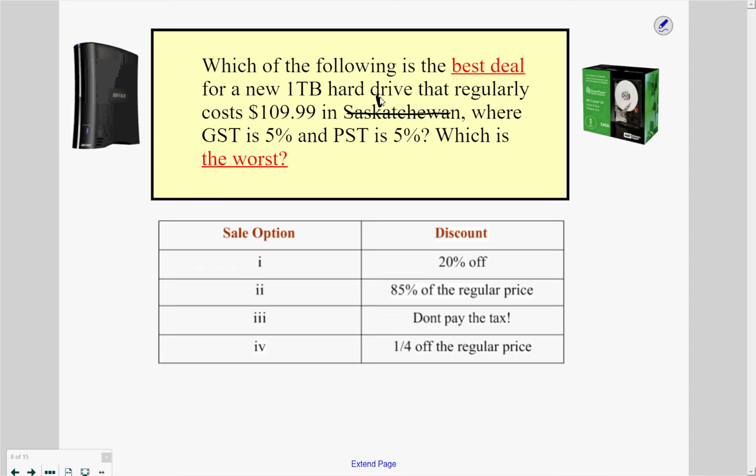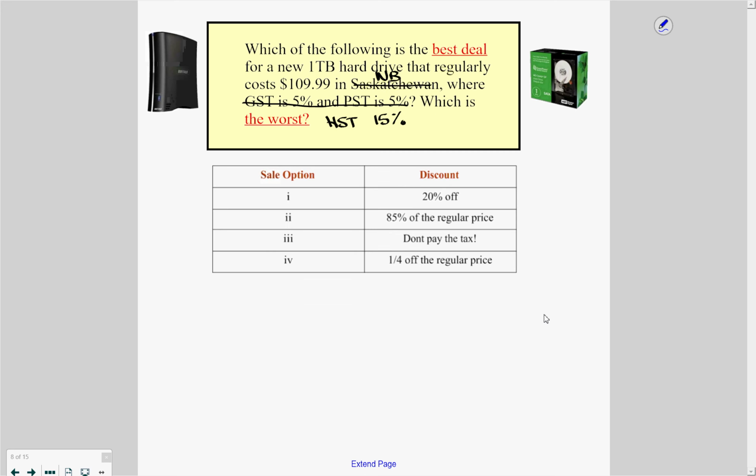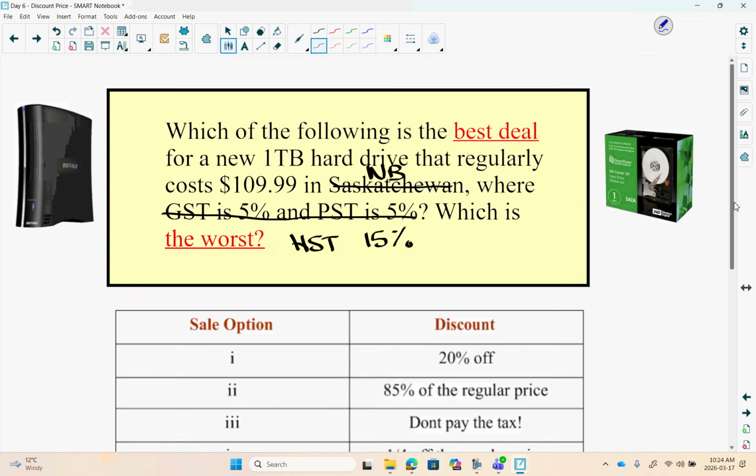Let's change this to New Brunswick, and let's change the tax to HST of 15%. Cool? We won't worry about a goods and service tax and a provincial sales tax. That's old school. All right. So option 1 is 20% off. So let's look at that.